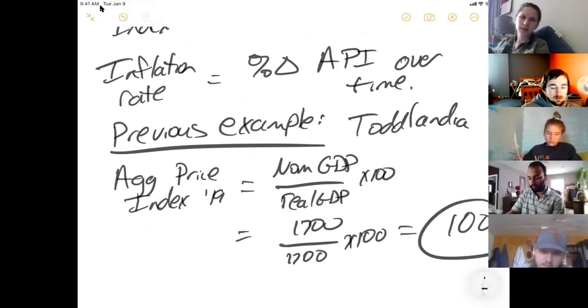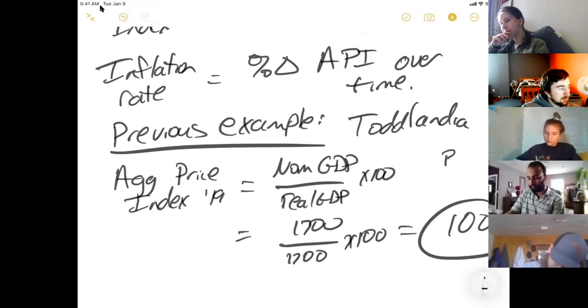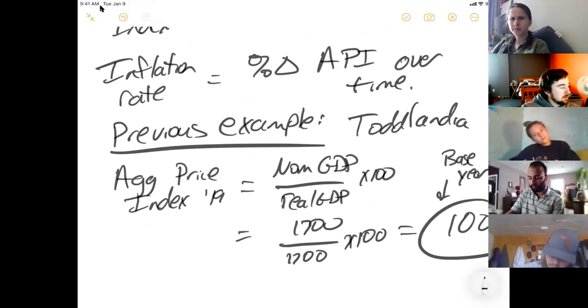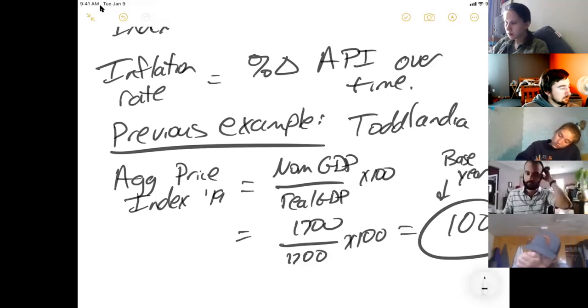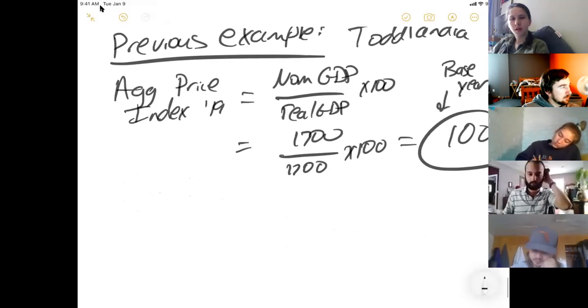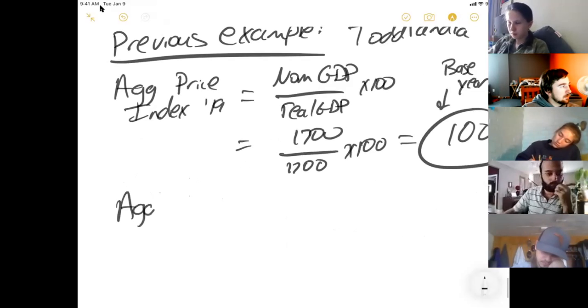It was 100. Why is the index 100? Because 2019 is the base year, right? The index is always going to be 100 in the base year because nominal GDP and real GDP are going to be the same thing. That one's easy.